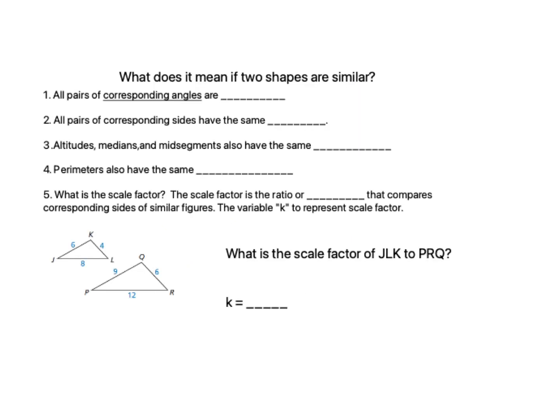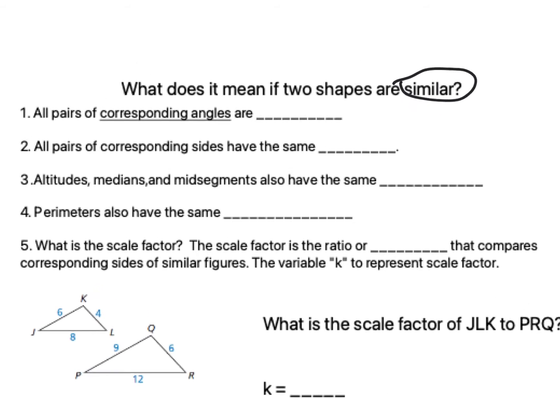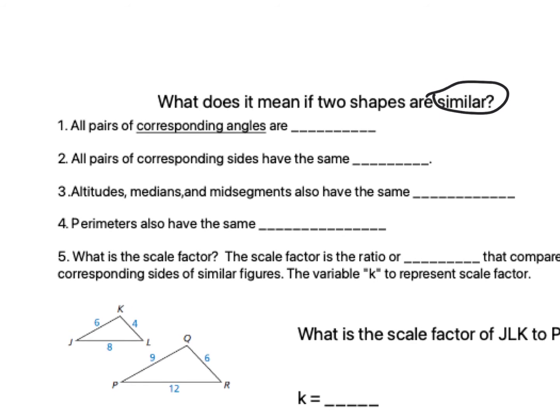Okay, so now we're going to talk about shapes being similar to each other. And if they are similar, that means that all pairs of corresponding angles, okay, we've talked about corresponding angles in a previous chapter, all pairs of corresponding angles are going to be equal. And on our exploration that we did, we found that as we made those different pentagons, that the angles were always going to be equal, even as they got bigger or they got smaller.